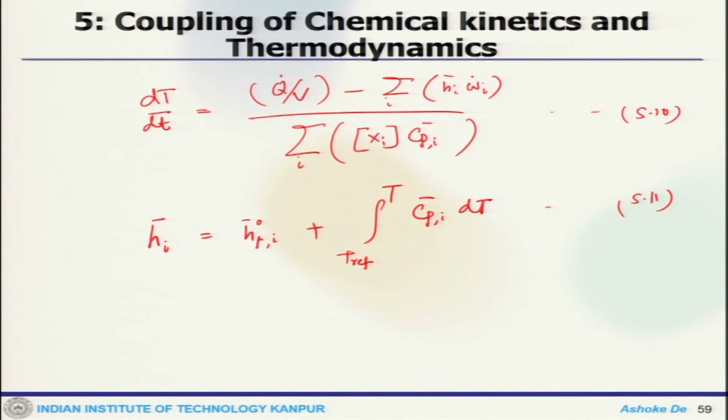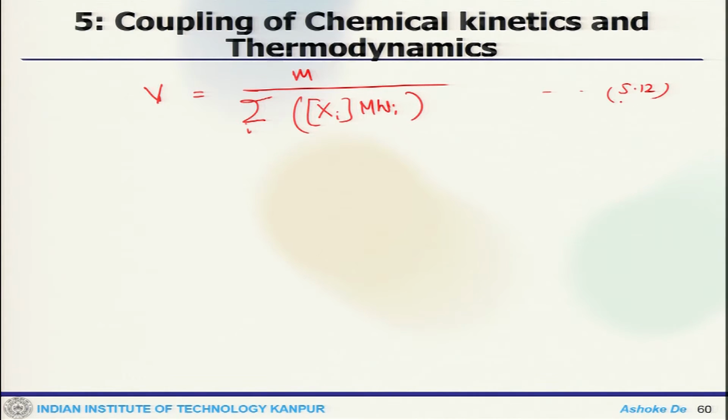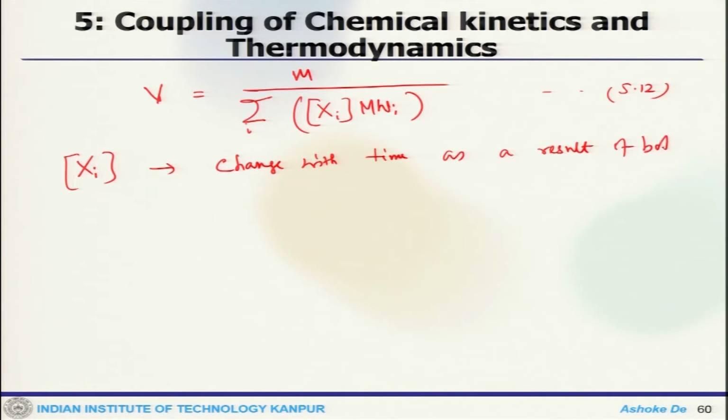Now, one can find the volume using this, which can be easily obtained, and the volume would be m divided by the sum over I of x I concentration times molecular weight of I. Now this changes with time, as a result of both chemical reaction and changing volume.